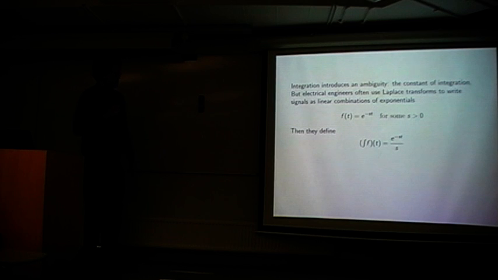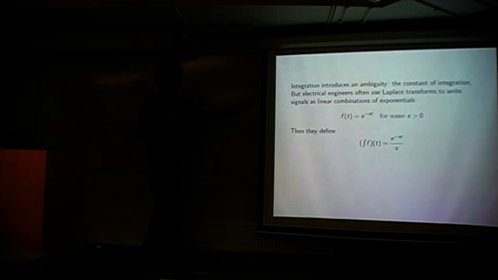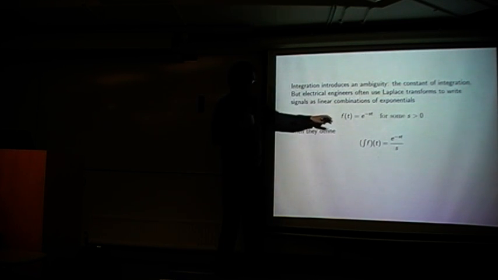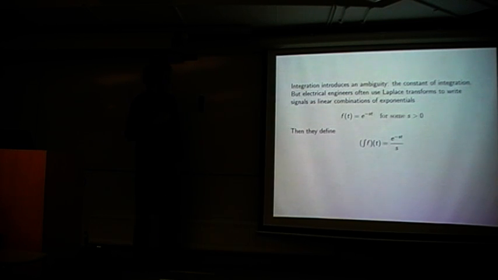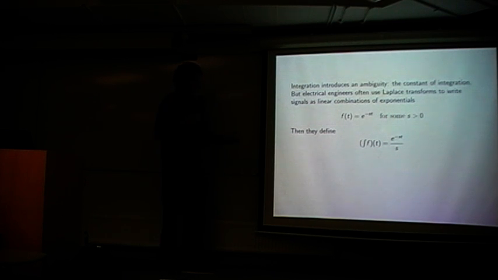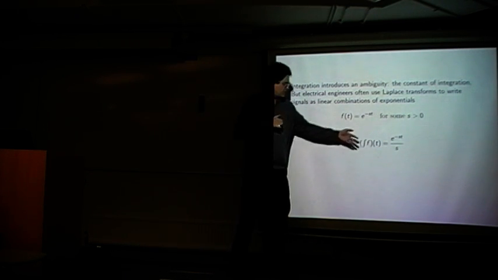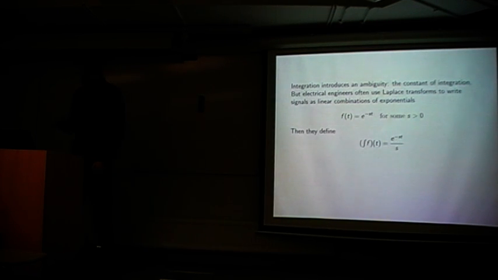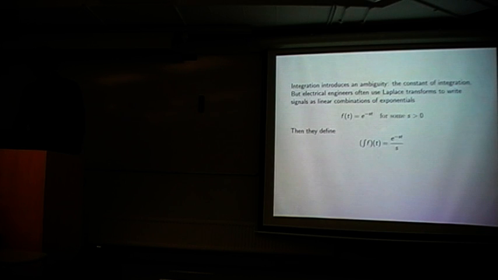Basically, by picking a particular antiderivative, they use Laplace transforms to write their signals as linear combinations or integrals of some special functions, namely exponentials, e to the minus st, exponentially decaying functions, and then they define the integral of this function to be just the most obvious antiderivative of it. So then you do have a well-defined way of integrating a signal.